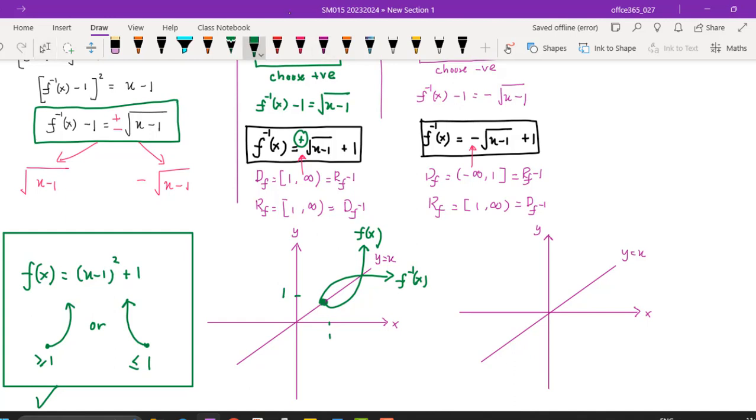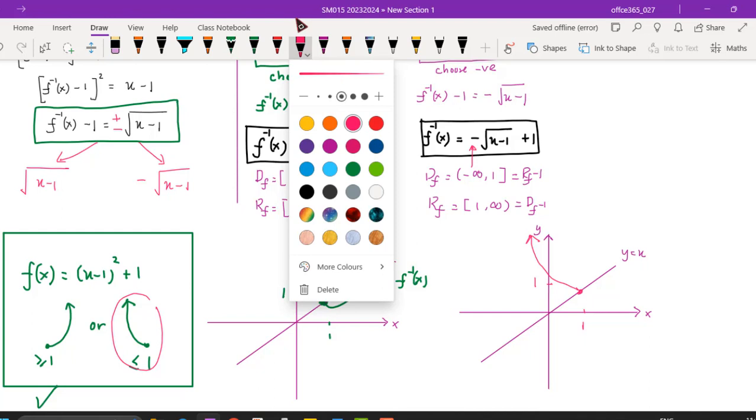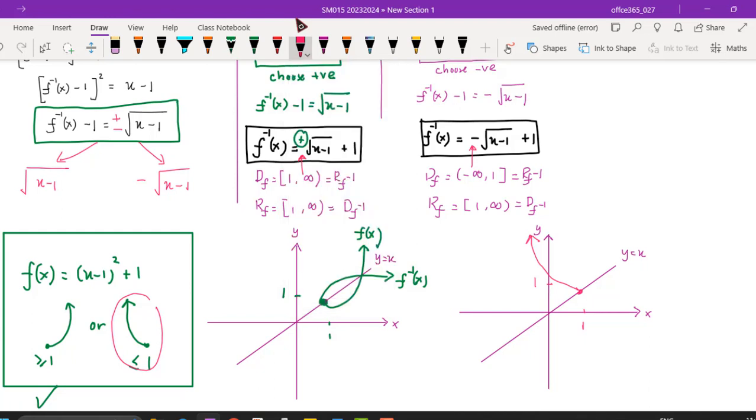For the other one, the domain is less than 1, so we still label (1, 1). If less than 1, the graph will look like this. Slowly we make it like this, so this is the graph, and we make it more clear.